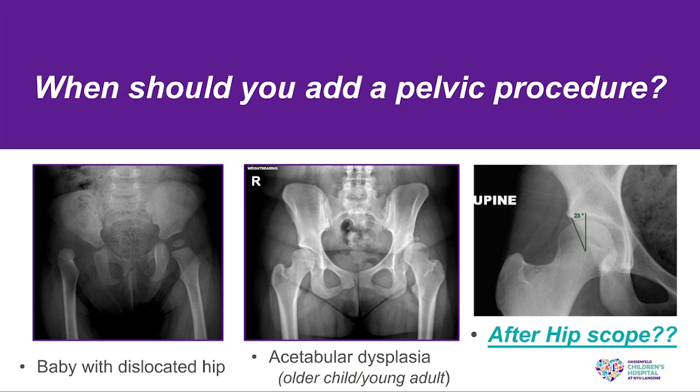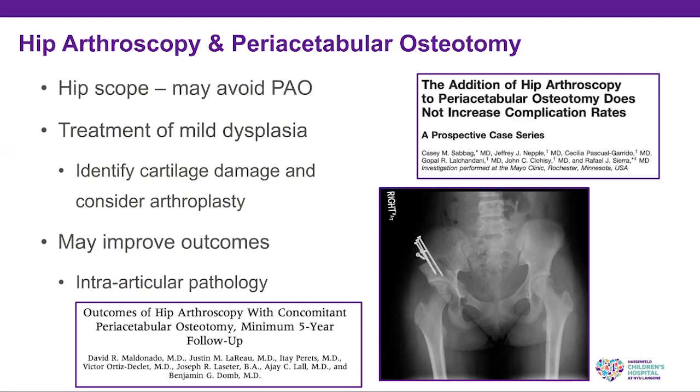We've talked about treating it with a hip scope, but the second thing is, when do you consider doing a pelvic procedure in addition to doing your hip scope? This was talked about a bit, but we know that if you do a hip scope for borderline dysplasia, you may actually avoid PAO, and that's certainly a great thing.